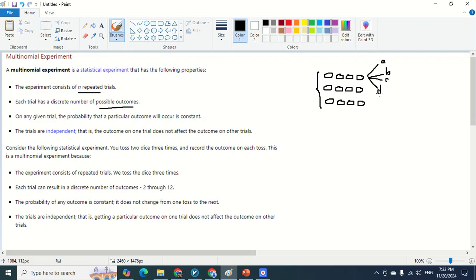On any given trial, the probability that a particular outcome will occur is constant. Here, the probability of getting A is 1 over 4, B is 1 over 4, C is 1 over 4, and D is 1 over 4 as well.